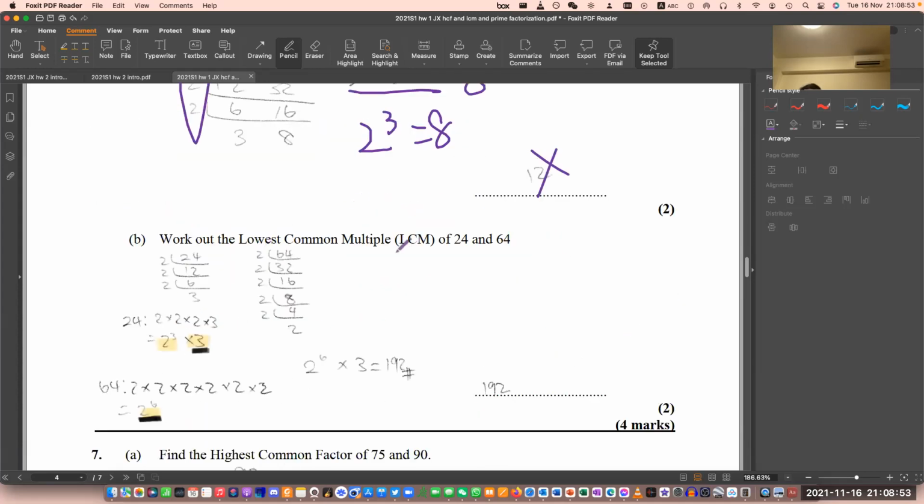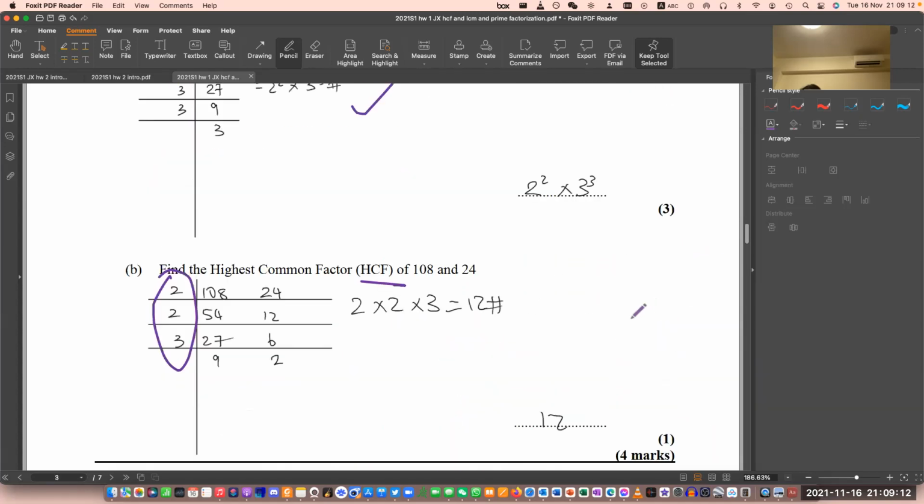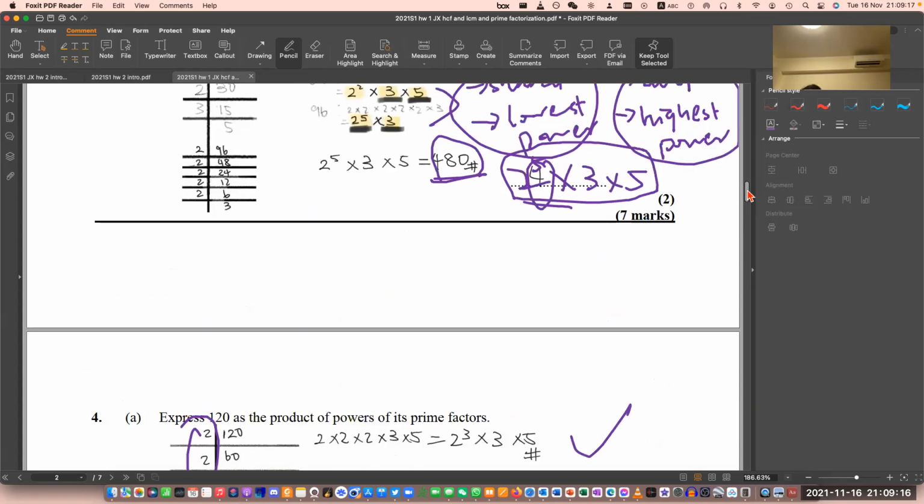Okay, work out the lowest common multiple. What I want you to see is that the best way to do it is still prime factorization of these two first, and then make use of the two tips for HCF and LCM which I have given you.